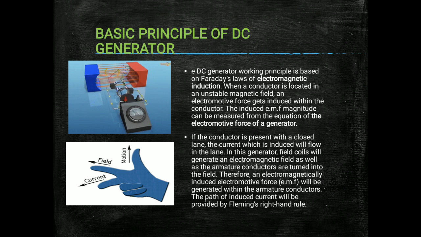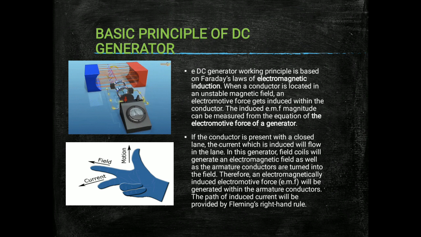With the help of a special device known as a commutator, or rotating rectifier, the alternating voltage generated in the DC generator is converted into direct current, or a unidirectional wave.